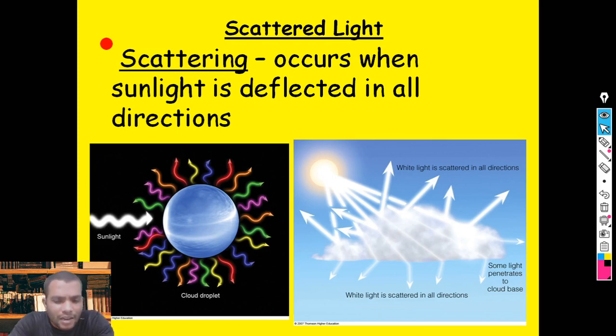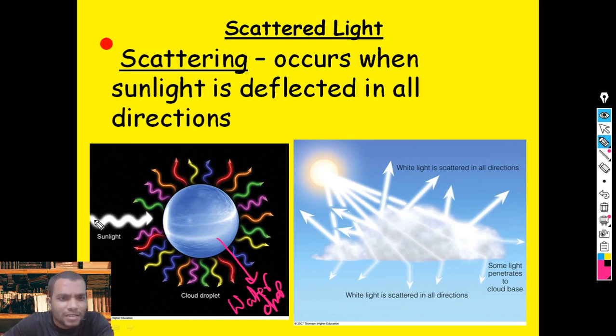So when sunlight is passing through the atmosphere, that sunlight is deflecting. Deflecting means changing its direction. So here if you can observe, this is a cloud droplet, maybe a water droplet if you consider. Let me take it as a water droplet.